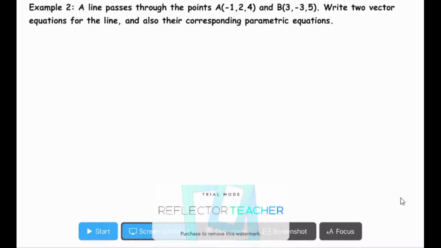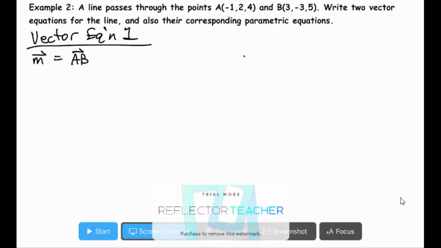Vector equation 1. Let's define our vector m as equal to AB. So we're going from point A to point B, so we're finding the vector that connects them. And I could sketch this. I'm not going to bother, but if you are interested, you can pause the video and make a quick 3D sketch and see where these points would actually be located.